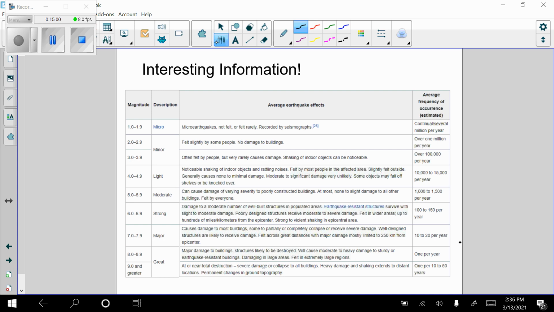Over on the side is your average frequency. It may help you on the project over this unit as well. So take a minute and just look through that.